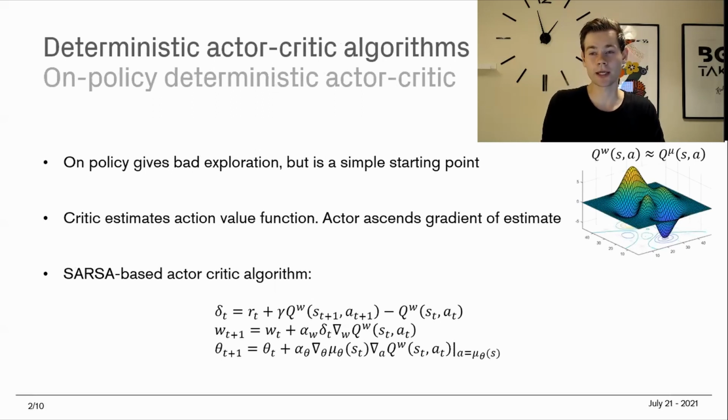Okay, so if we're looking at an on-policy deterministic actor-critic, notice that I said on-policy now. For a start, let's consider when we're actually acting according to the policy that we're learning. So it gives bad exploration naturally.